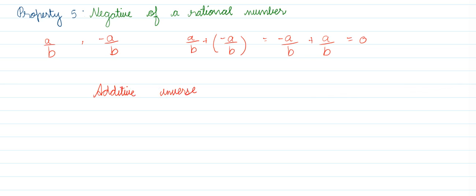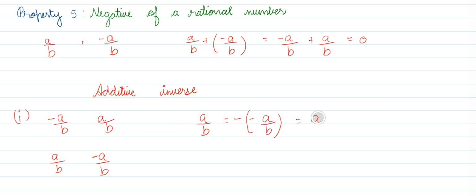So based on this property, we have two other results which are important for us to remember. Minus a by b is the negative of a by b. Then a by b is the negative of minus a by b. That is, a by b is equal to minus of minus a by b, which is again equal to a by b.